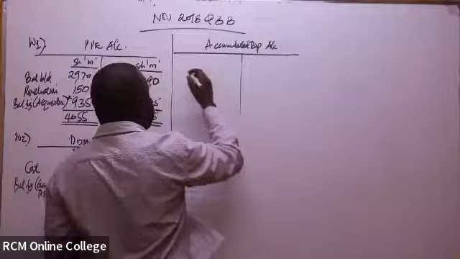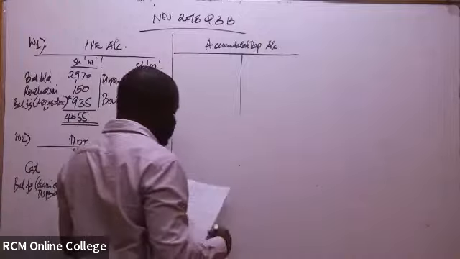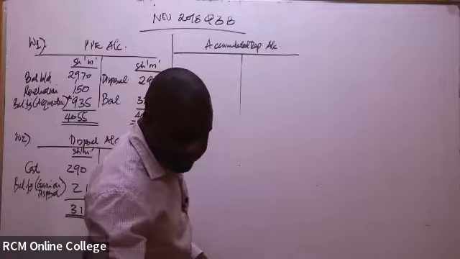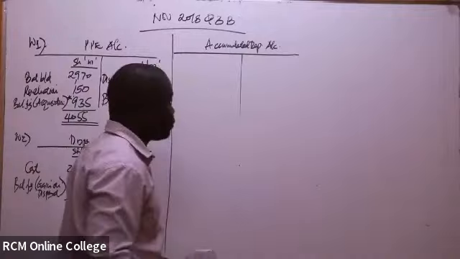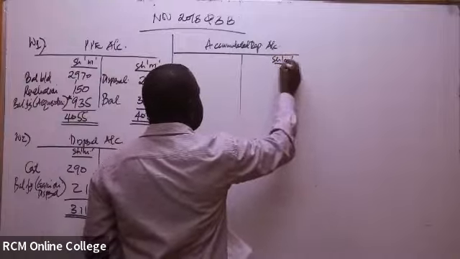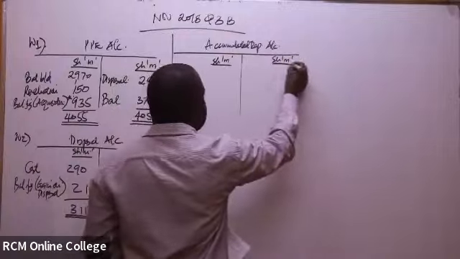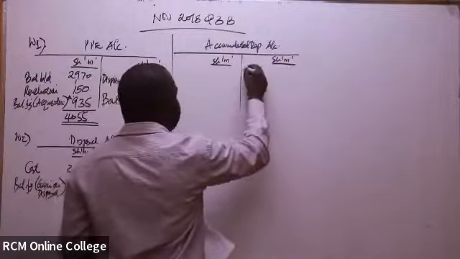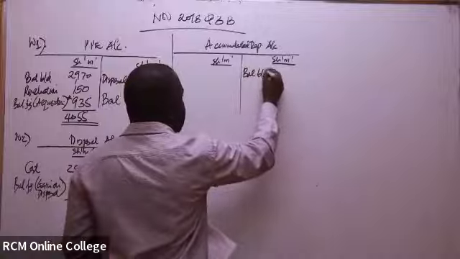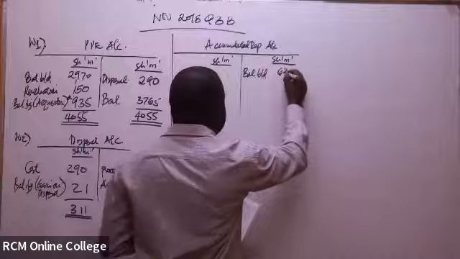You've been given the balance brought down, which, if you look at note number 1, is there. Our figures are in shillings of millions, so they are not chapatis, but shillings. We have a balance brought down of 625.